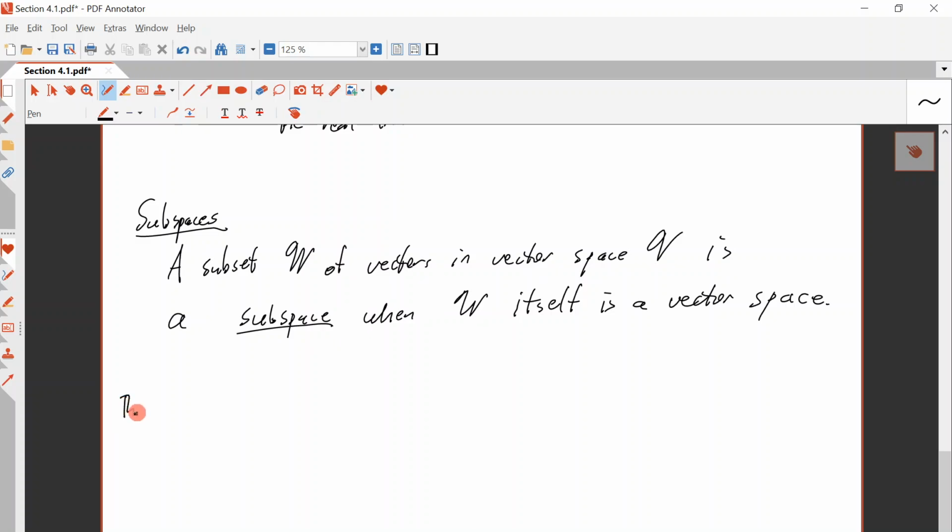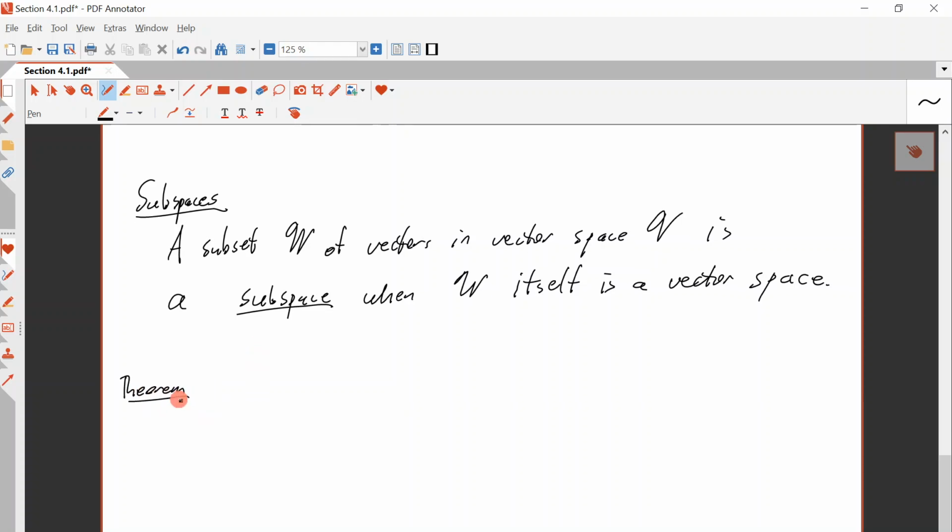And the theorem is as follows, which we won't prove, but I'll give you a quick explanation.